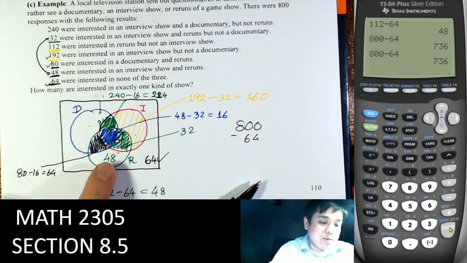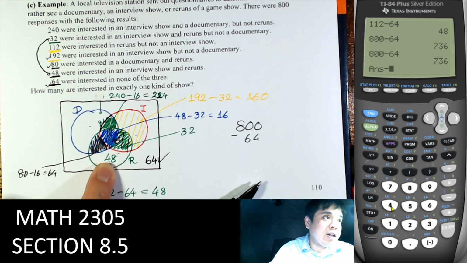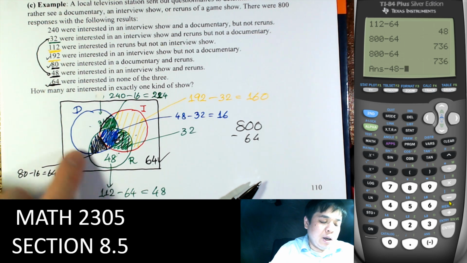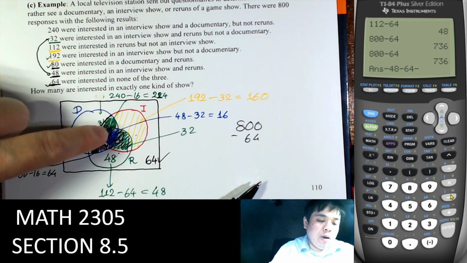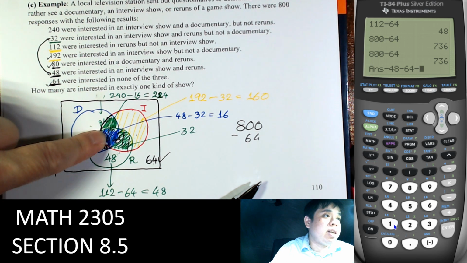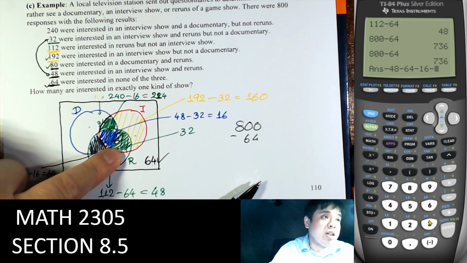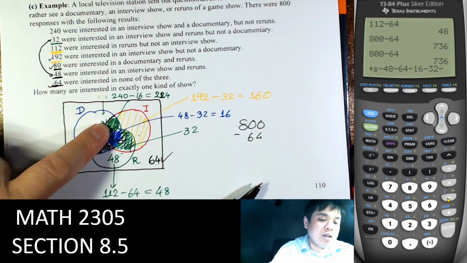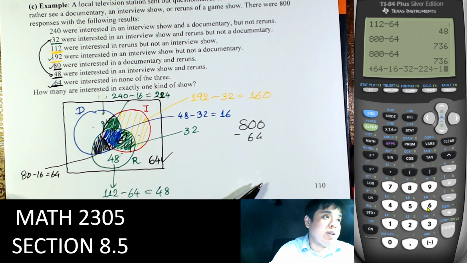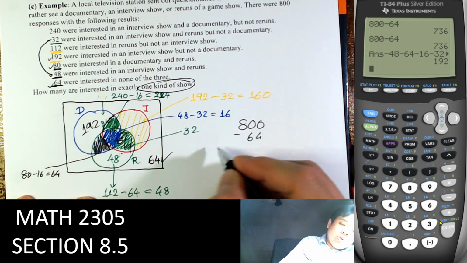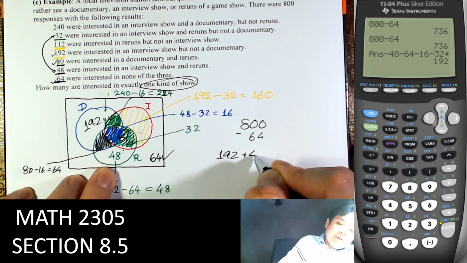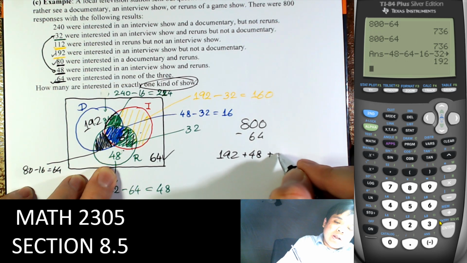And we're going to minus 48, minus 64, minus the overlapping of 16, minus the 32, minus the 224, minus the 160. We have 192. And if we want one kind of show, 192 plus 48 plus 160.